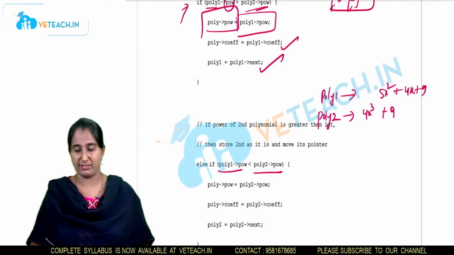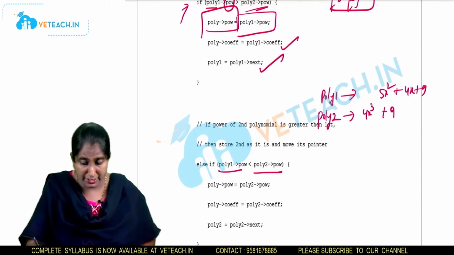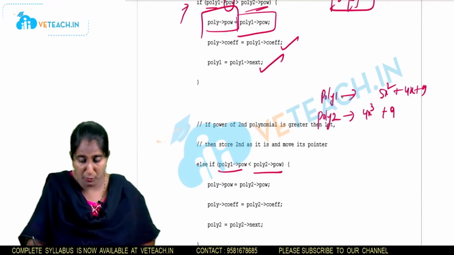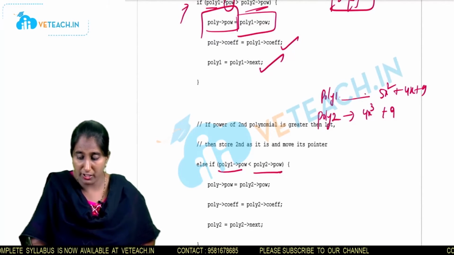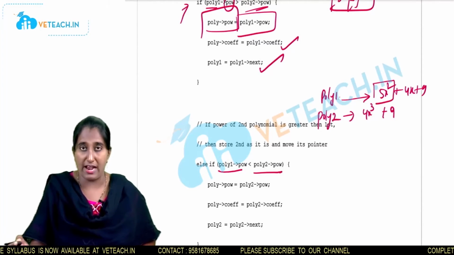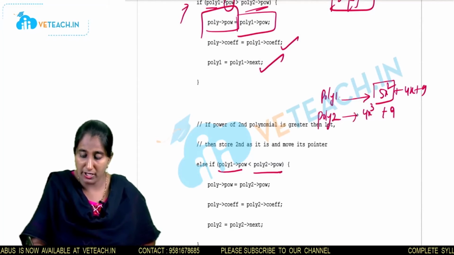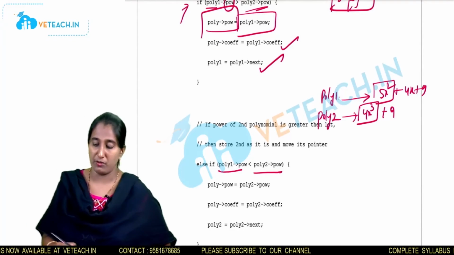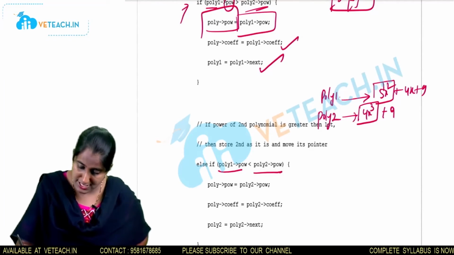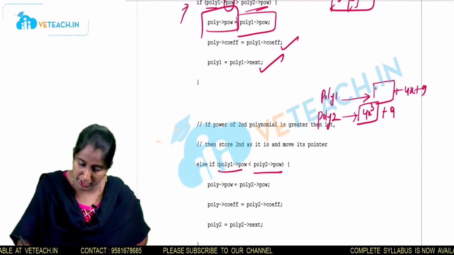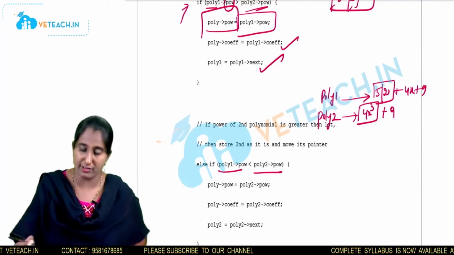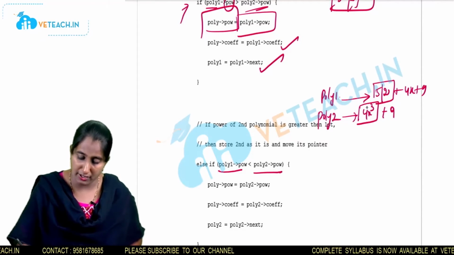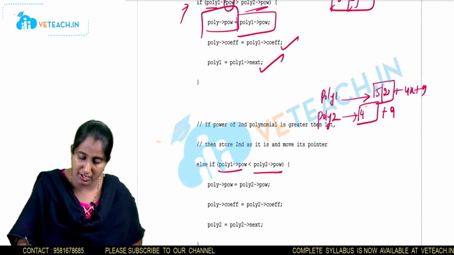Poly 1 is pointing to the first node, which is 5x square. Poly 2 is pointing to which node? 4x cube. Here it also considers the exponent part: 2 for 5x square, and for 4x cube the power is 3.